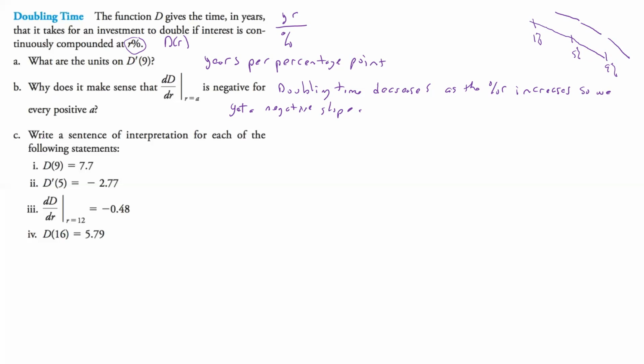Now, we're supposed to write a sentence of interpretation for each of the following statements. All right, so D(9) equals 7.7.